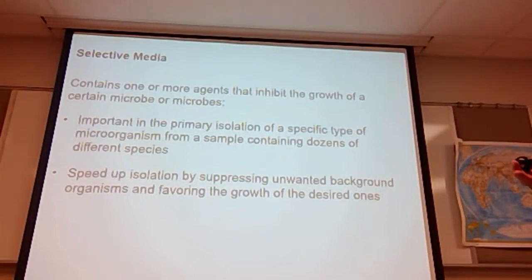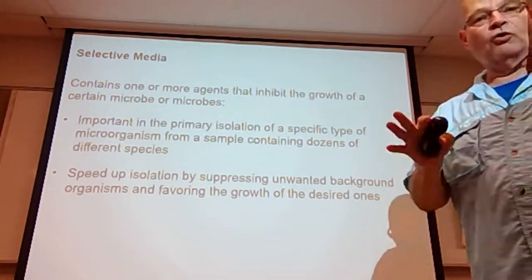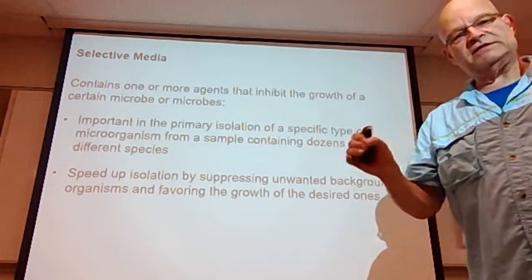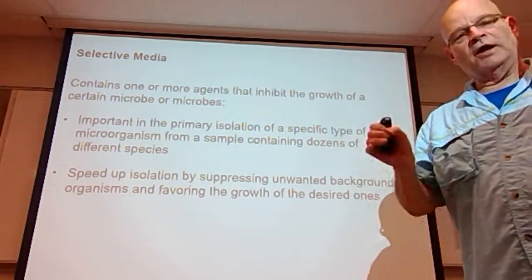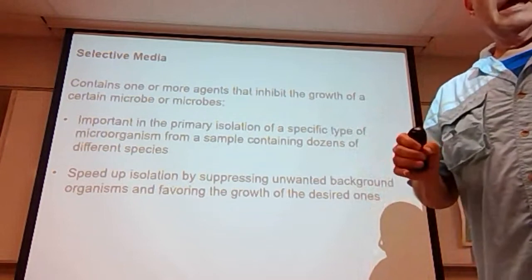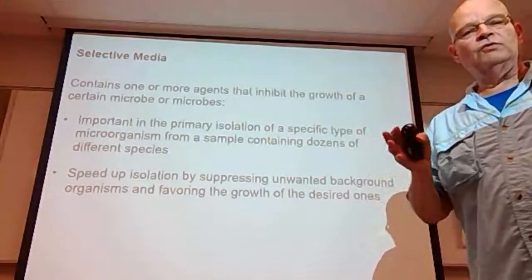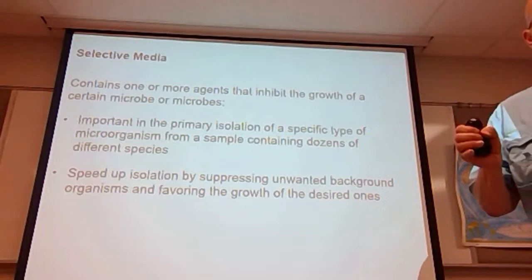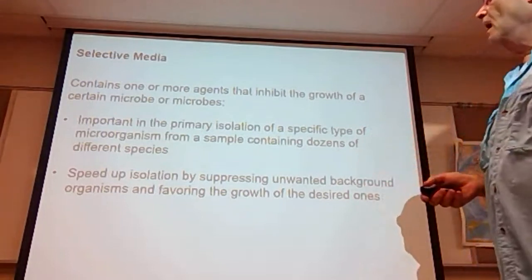If you have an unknown sample, you have a selective media that will only allow gram-positive things to grow. You spread this unknown culture on the media, and it starts to grow. Well, you know one thing about your unknown culture, at least it's a gram-positive organism.